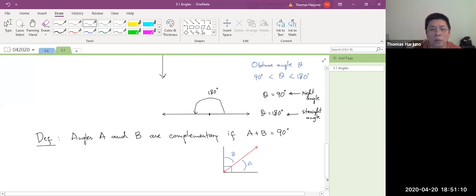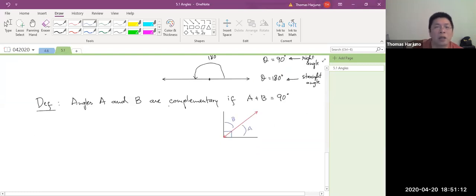While we say that they are supplementary if the sum is 180 degrees.